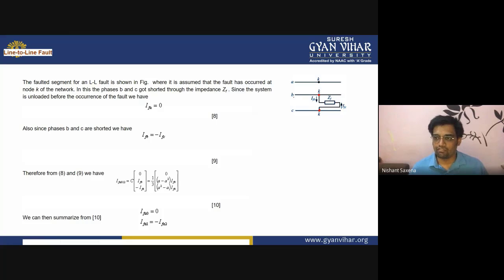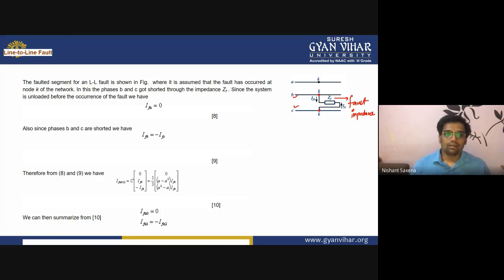That is, phase B and phase C get short circuited through an impedance ZF, which is called the fault impedance. Now this fault impedance may or may not exist depending on the type of the short circuit.